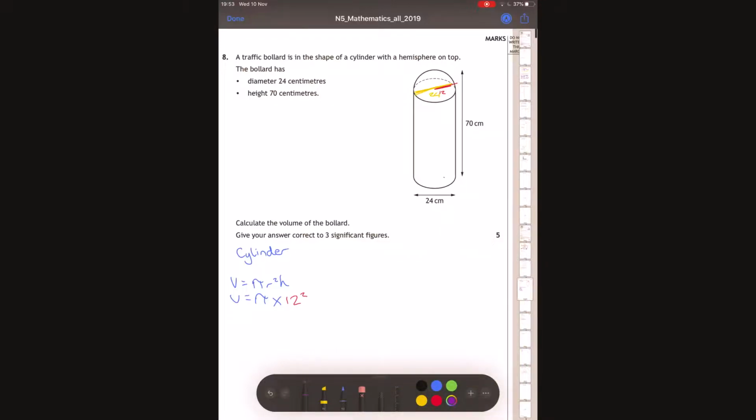Now, what's the height? Well, the height is also the radius, because if you flip this paper horizontally it's easier to see. If we extended this in, a full sphere would be the diameter tall, but it's only a hemisphere, so it's only half of that, hence why it's the radius.